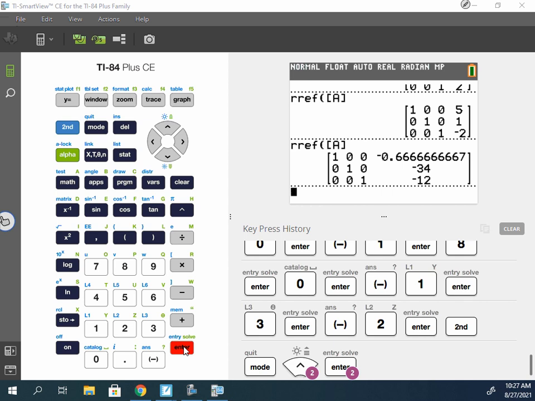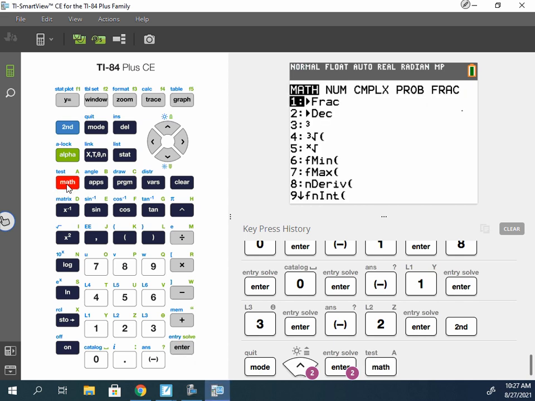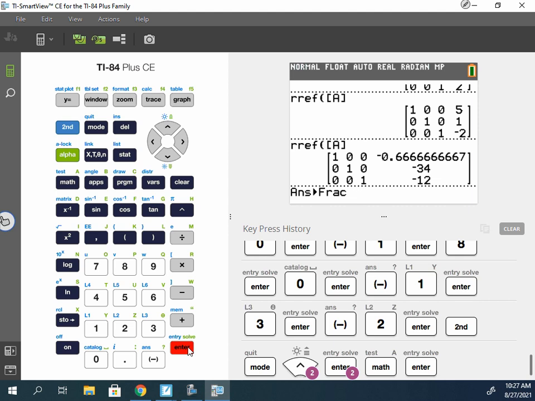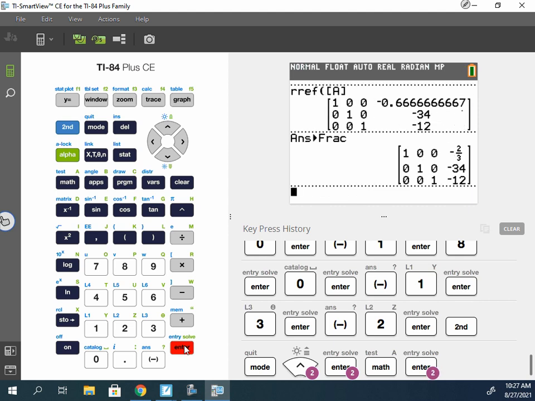Let's do math. You all see this list? And the first one's frac, F-R-A-C. Hit enter. Enter. You see that the negative 0.6 repeated changed to negative 2/3?